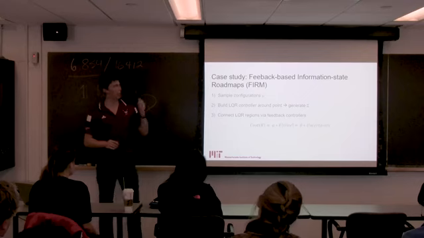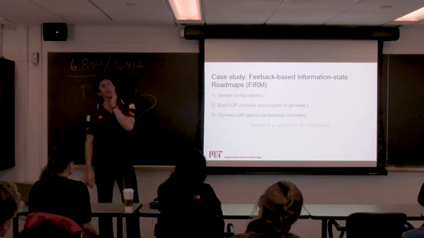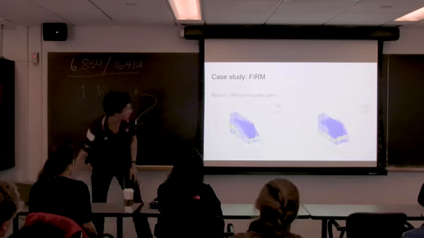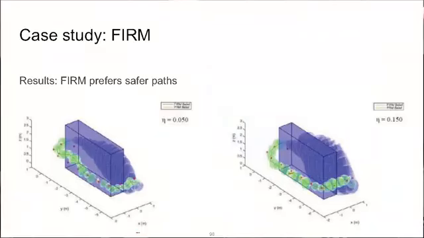I think we sampled 600 nodes in a, what are the dimensions on this? It's a 3 meter by 8 by 3 meter space. It took about 15 minutes. It was really slow. Granted, it was a virtual machine, but it's not something you want to replan on the fly, whereas PRM is typically a lot faster.